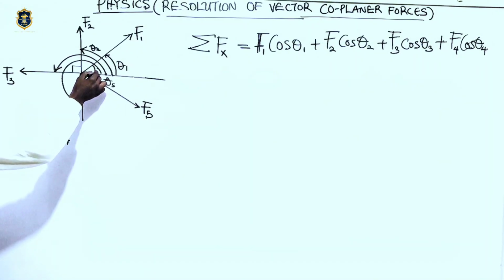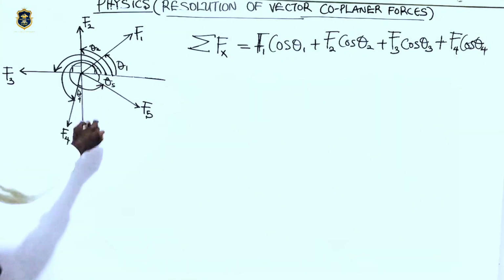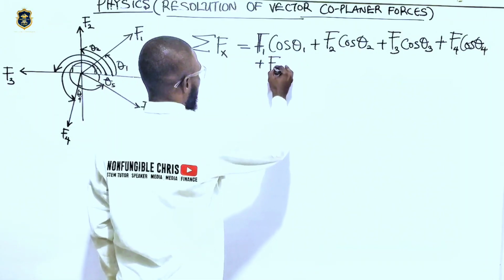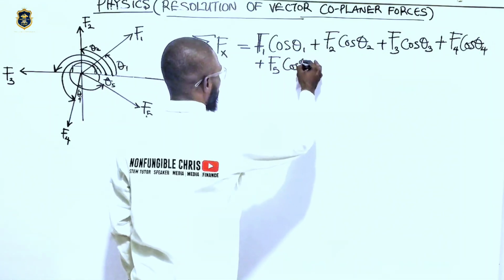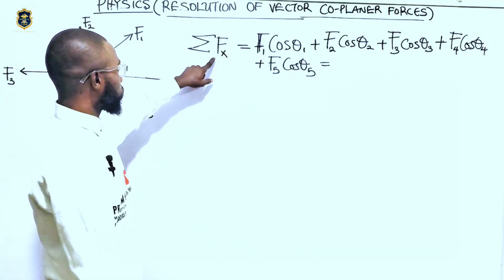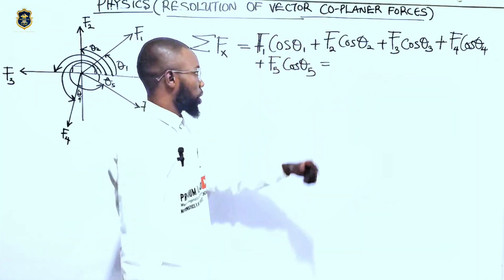We start from zero again and count until we get to F5, so it's F5 cos theta 5. So we sum up all these forces, the x component, and doing that we get an answer.